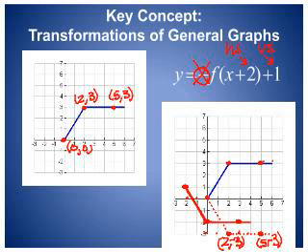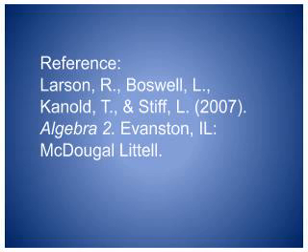And you would sketch it in with your pencil. And the shape and the size should look exactly like when you started, but it's been reflected across the x-axis, and it's also been shifted. So some very important things that you need to remember about absolute value functions.